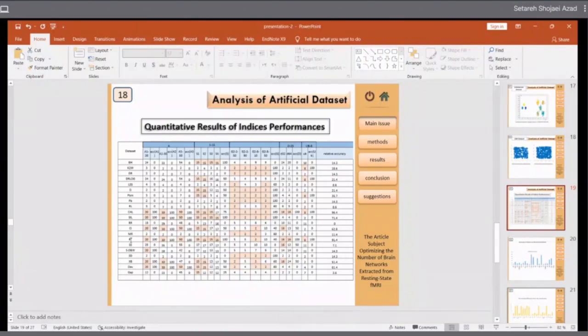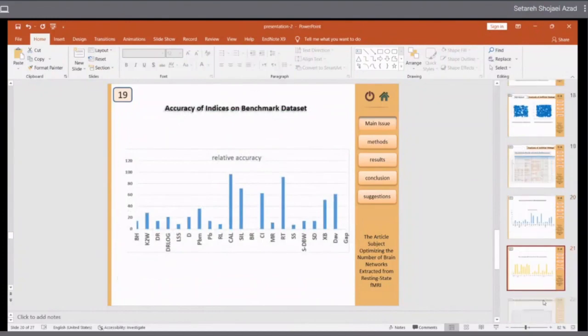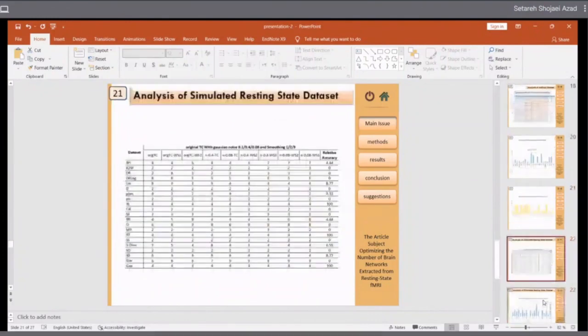RT with 91.4 and Calinski with 96.4 are the best indicators. And these are the diagrams, as you can see.